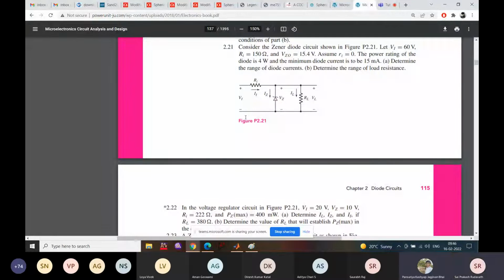Okay, sir, got it. So what's the maximum current you are getting, Zener? How to solve it? Maximum current?